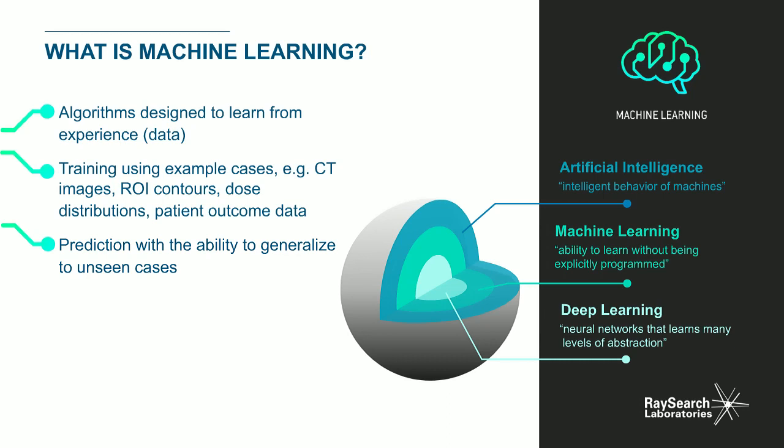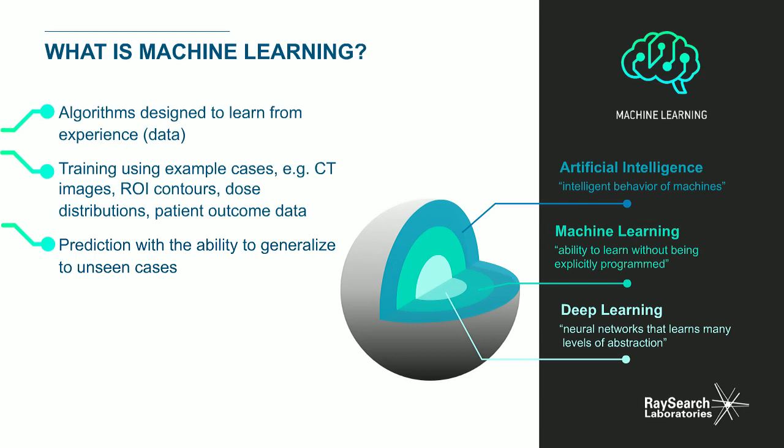As a subset of that, we view machine learning, which is AI but with the ability to learn without being explicitly programmed. And a subset of machine learning can be viewed as deep learning, which is the hottest topic in AI today, and that is where we have artificial neural networks.